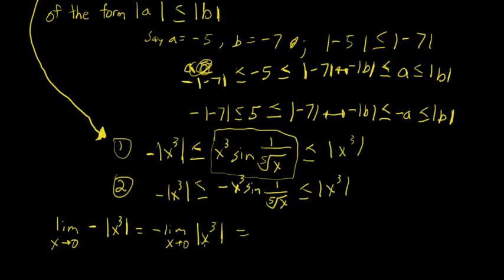So let's say we're looking at x equals 1/5 and x equals negative 1/5. When x equals positive 1/5, you cube it, you get 1 over 5 cubed, which is 1 over 125. Take the absolute value of it, you still get 1 over 125, and the negative of that is negative 1 over 125.